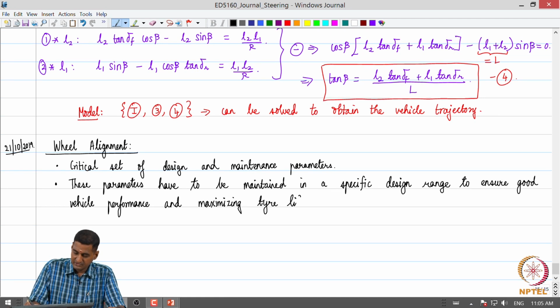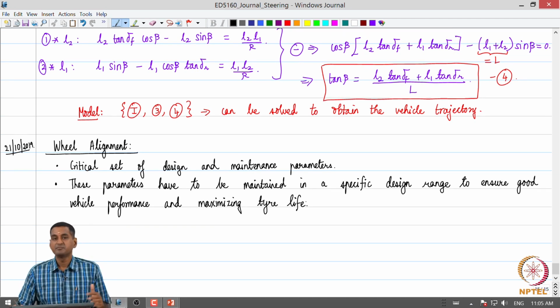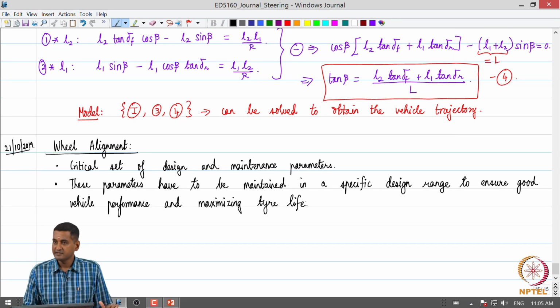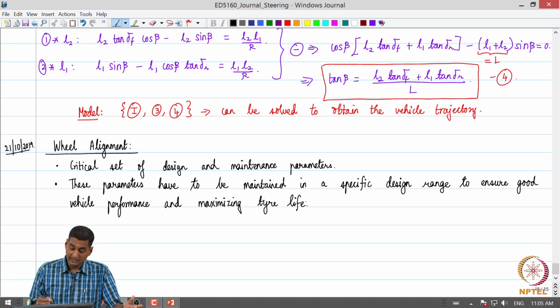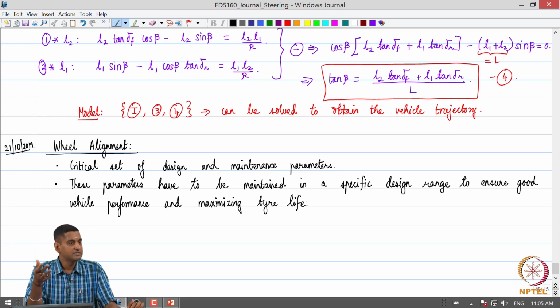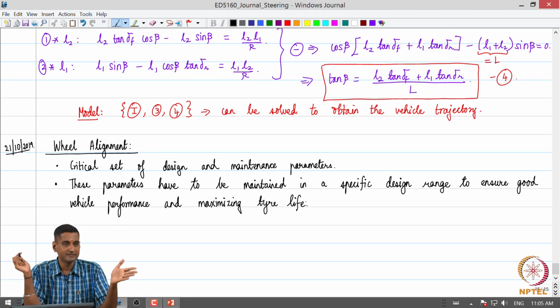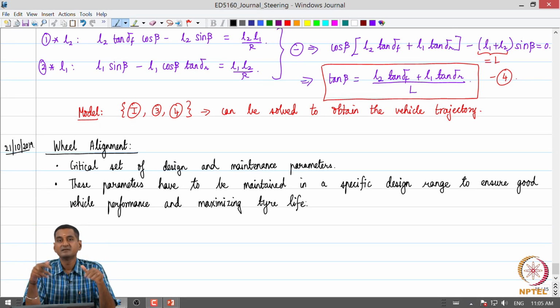Because it is important that these parameters be maintained in a certain design range, to ensure the vehicle performance, in particular its cornering performance. What do I mean by cornering performance? That is the response of a vehicle when it is taking a turn. That is typically called cornering.